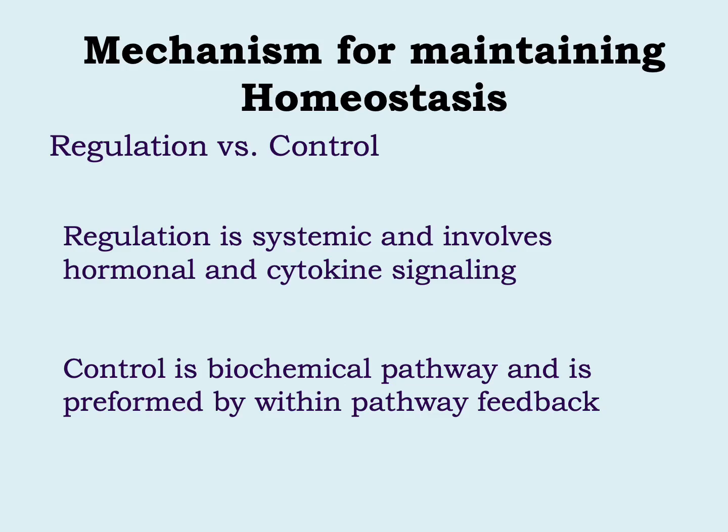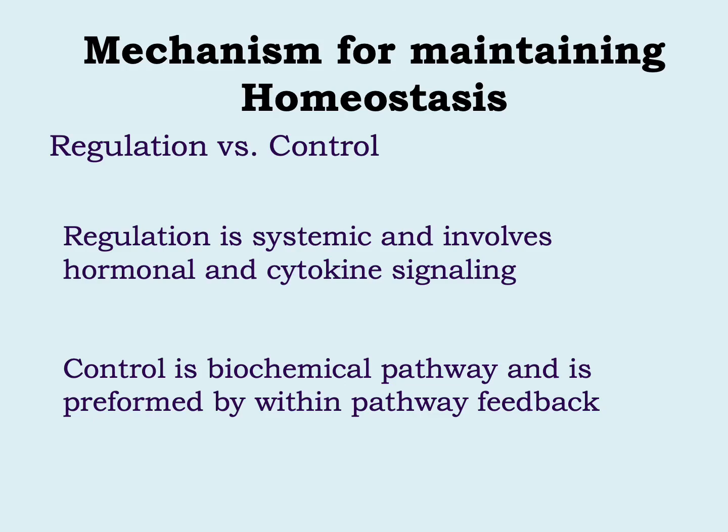Control is within a biochemical pathway and is performed within a single pathway feedback, whereas regulation is systemic and is going to involve multiple biochemical pathways at multiple cells and multiple tissues. This is usually going to involve hormonal or cytokine signaling that are going to turn on and turn off enzymes at various cells to instigate responses necessary to get back to homeostasis.